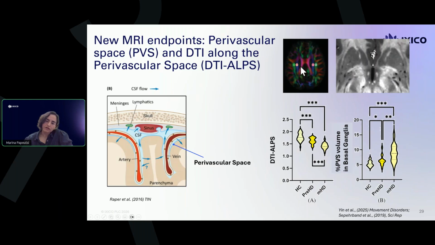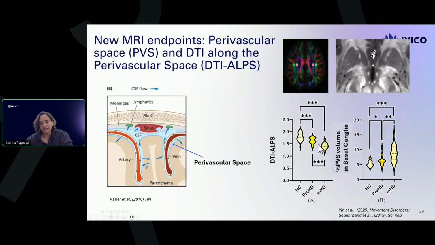Another way of looking at perivascular space is using diffusion. A new method being used a lot in Alzheimer's disease is called DTI along the perivascular space, or DTI-ALPS. Here you use diffusivity along the veins in the deep white matter, sometimes as a proxy of lymphatic function.